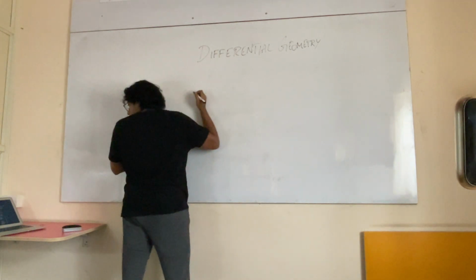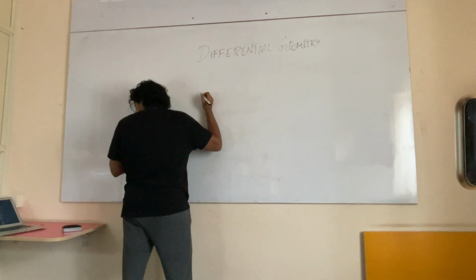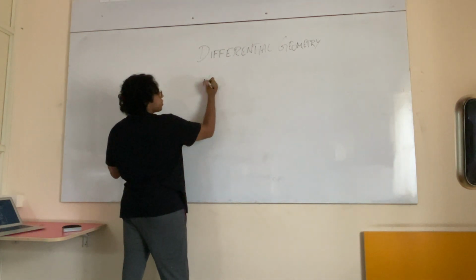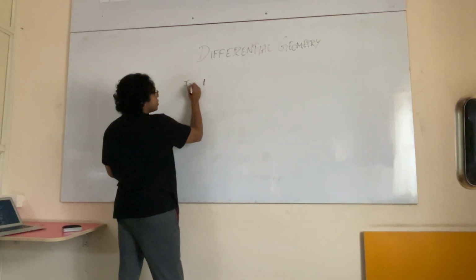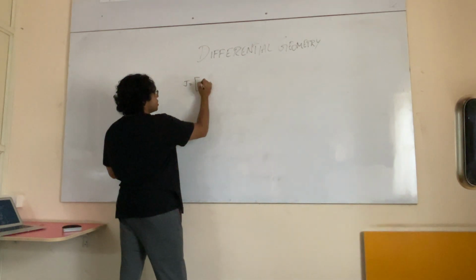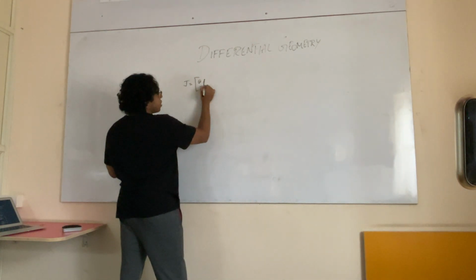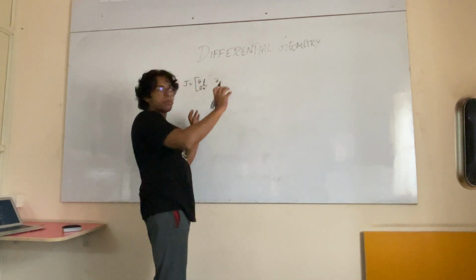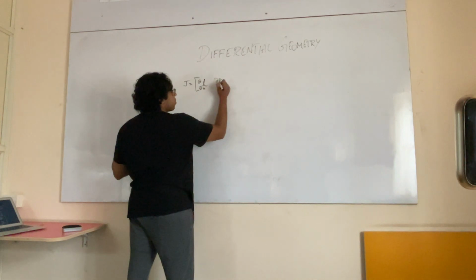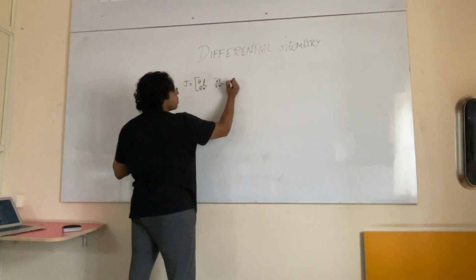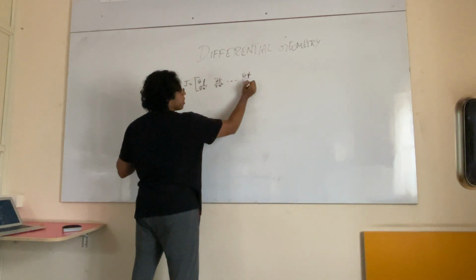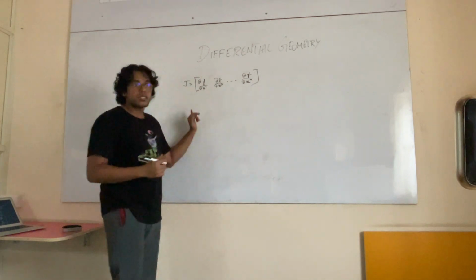So if you have some function f, your Jacobian is defined as the set, the vector or the matrix, dou f by dou x1, dou f by dou x2, and so on, up to dou f by dou xn. Okay, what does it give you?